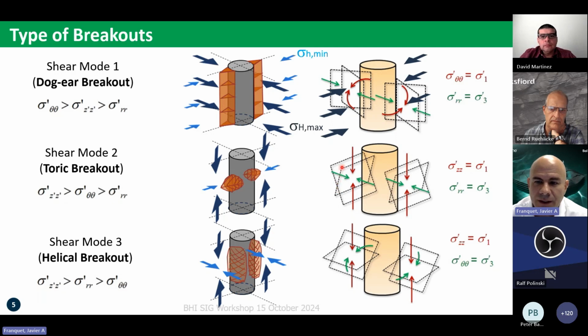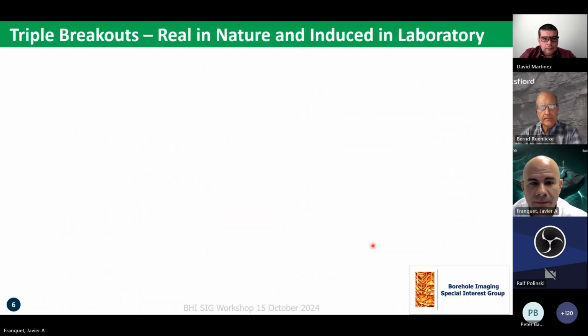These are the shears that create that breakout. And finally, the helical breakouts: the shears happen because the axial or longitudinal stress is the maximum, and the minimum is the hoop stress. So now the shears happen like this, and these are helicoidal.